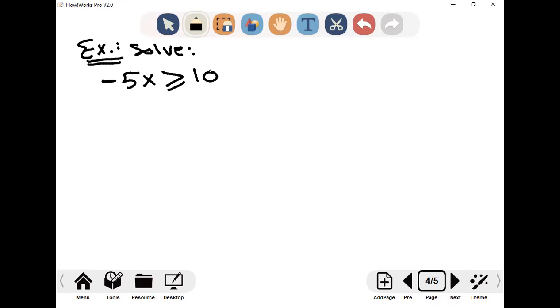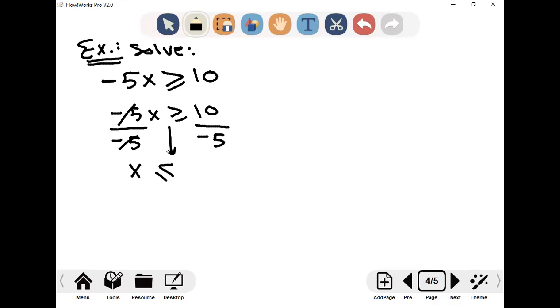So here, I will go down: negative 5x more than or equal to 10. If you divide both sides of the inequality by a negative number, normal steps, x, this is switched. More than or equal becomes less than or equal. And do normal, divide by negative 5. X is 1x, right?